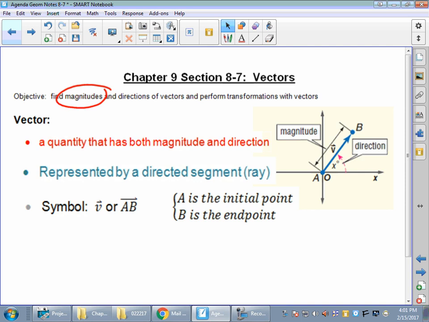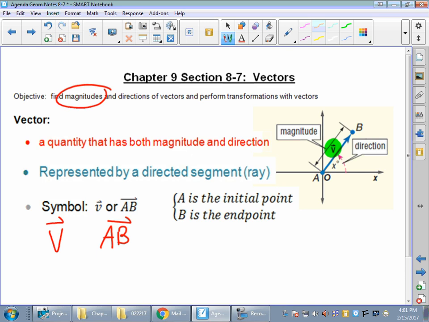So the symbol is, on this one, they called it V. You can see the V on the diagram. V with the little ray symbol above it. Or we could call it vector AB. Notice it doesn't have the full ray. It's got like a half arrow at the top. So vector V or vector AB.